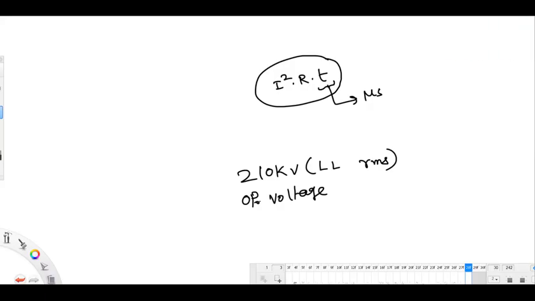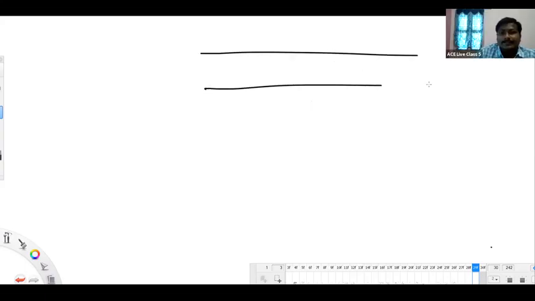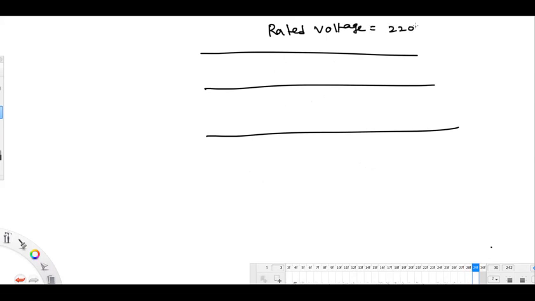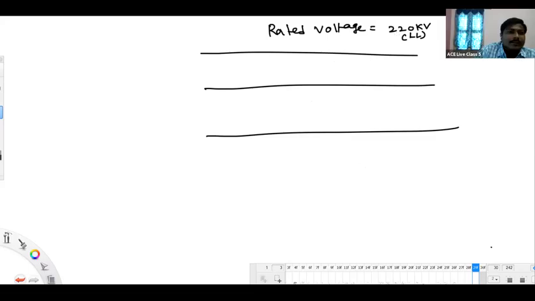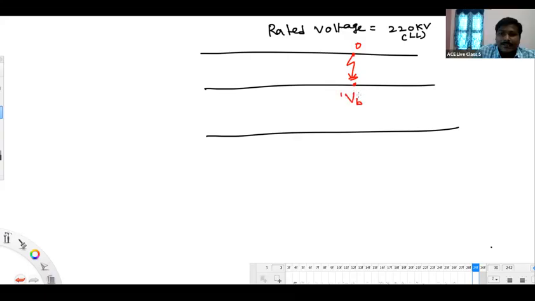One second. Simple. We have 3 lines. The rated voltage is 220 kV, line to line RMS. For example, if you have a fault on one of the conductors, this voltage is coming 0, and this voltage is coming some other value.